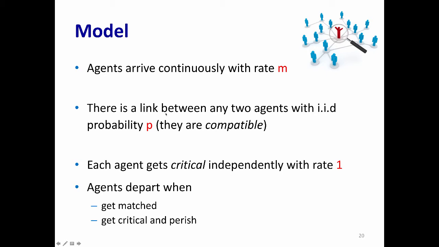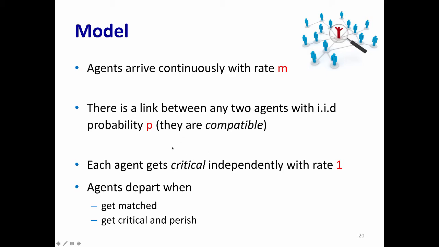So agents come to the market, and then there is a probability p for any new agent to have an acceptable transaction with the previous agents of the market. And also for agents who are currently in the market, when a new agent comes, they have a probability p to be compatible with them.